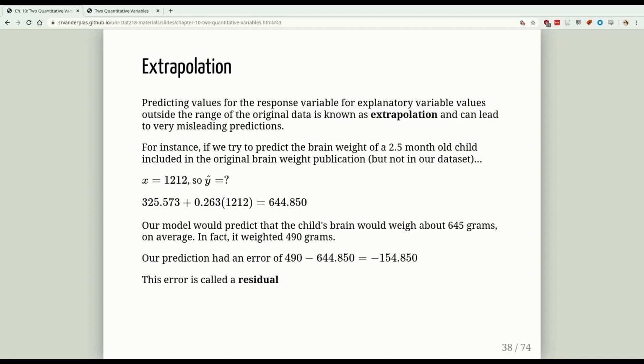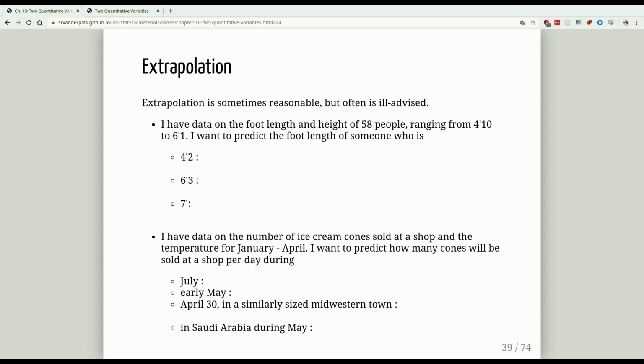All right. Now, there are times when extrapolation is reasonable. There are times when it's not. So I want you to think through the following scenarios and decide whether you think it's reasonable or not to extrapolate and predict these values. All right?